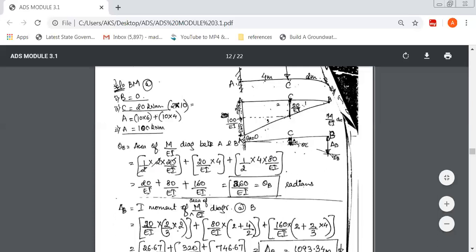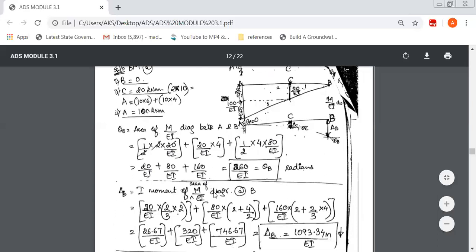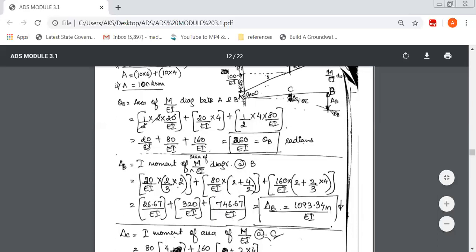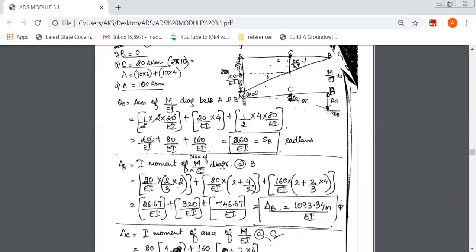There is a reason why you have to write this here. The first triangle area is 20 over EI. This step is very important because these are the areas of all the three quantities, and you can write it here itself.